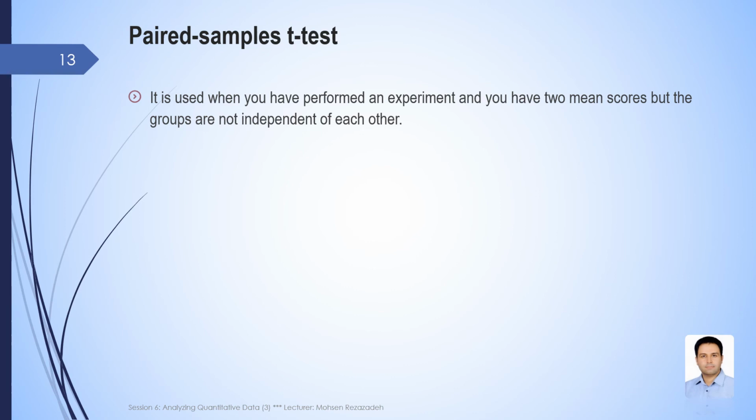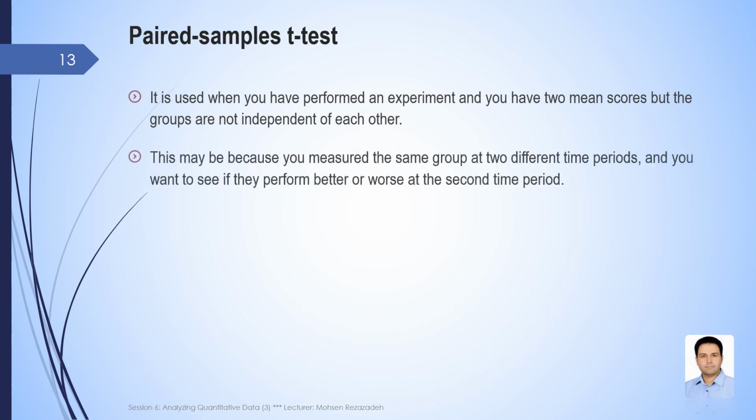That is, you are comparing the scores of the students in the same group. This may be because you measured the same group at two different time periods, and you want to see if they perform better or worse at the second time period.